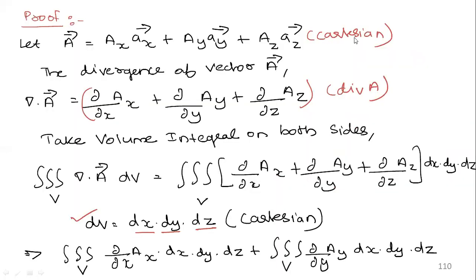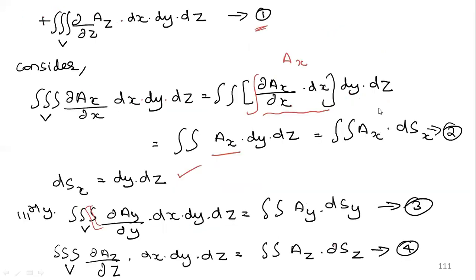Then we proved it in terms of Cartesian coordinates. We took one vector A in the Cartesian plane, and then we took the divergence of that vector, which is del dot A, that is dou by dou x of Ax plus and so on. The theorem states that the triple integral of the divergence, with dx dy dz as the volume dV in Cartesian coordinates, is evaluated term by term in terms of the surface area, and then we got the surface integral.